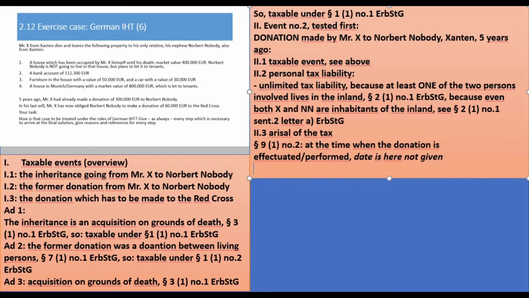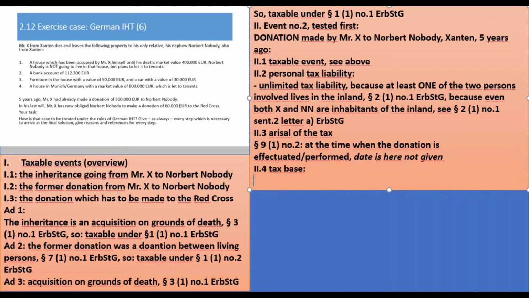Okay, this is no longer in italics, but 2.4. Now the tax base. That was, if I correctly remember, something in paragraph 10, and I believe it was the enrichment of the acquirer which counts, but naturally we should look it up in order to be certain.